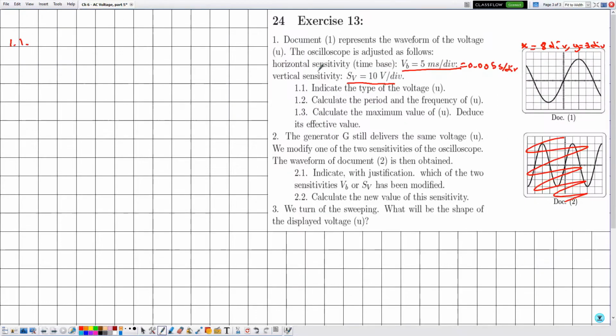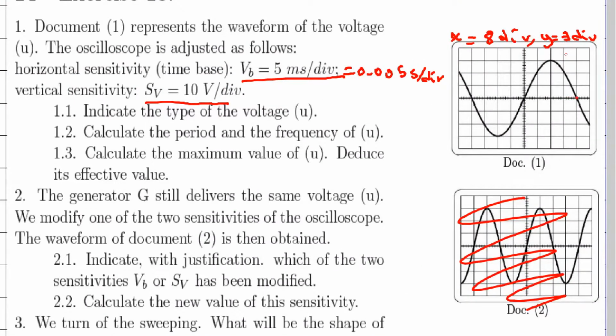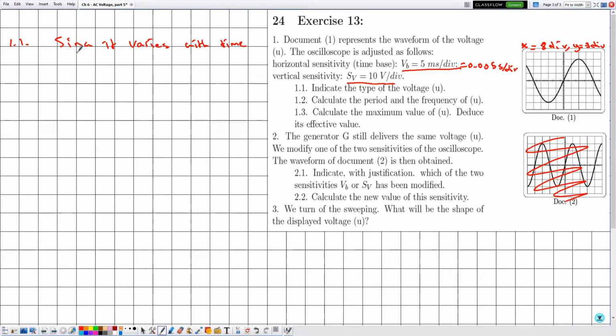Notice that since it varies with time, so always axes in physics are labeled by physical quantity. This is T and this is U. It is varying with time, changing, and it is alternately positive, and in these parts negative with time, alternately positive and negative.